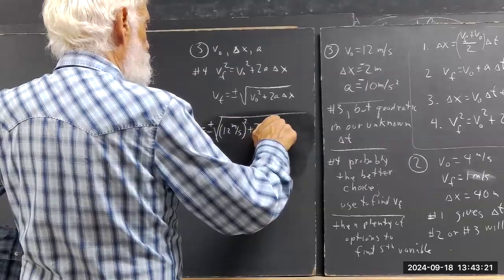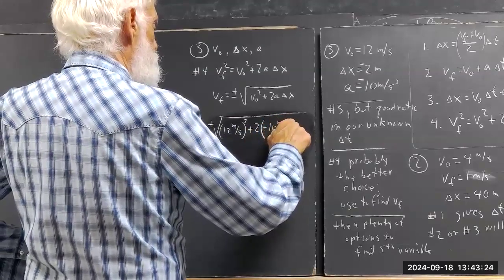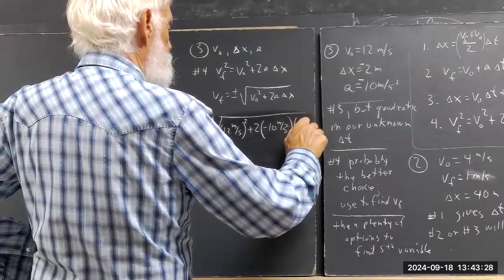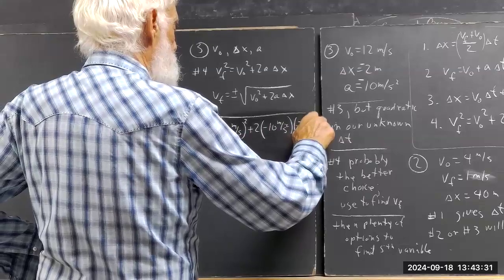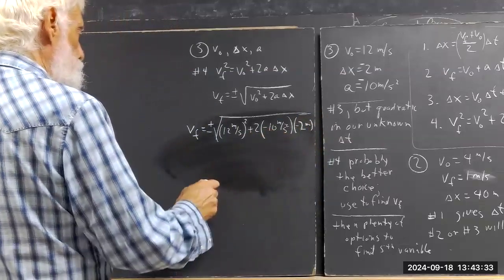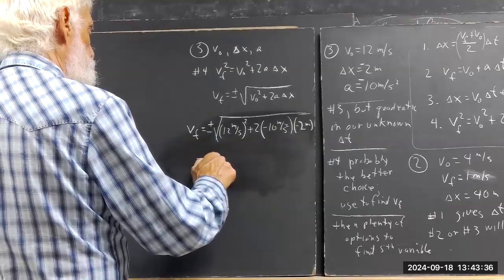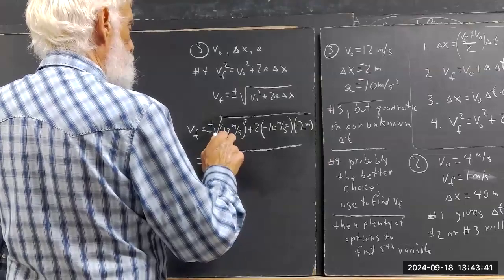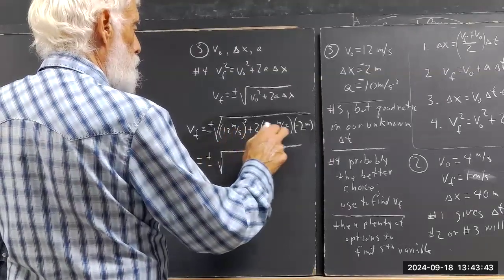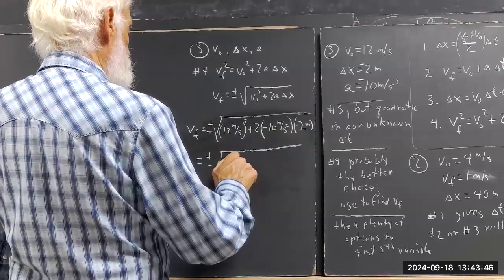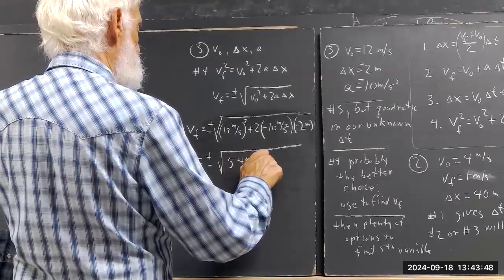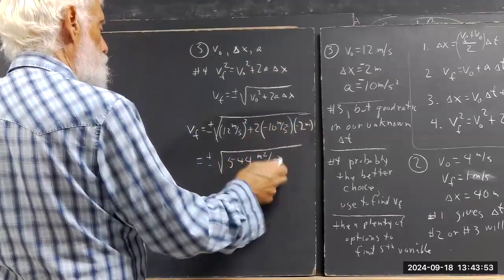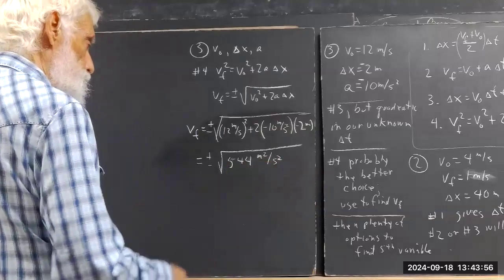Acceleration is -10 meters per second squared. Delta X is -2 meters. It'll be 144. It's going to multiply out to 400. So you're going to have 544. Meters per second squared times meters is meters squared per second squared. All the units are consistent. We can add them.